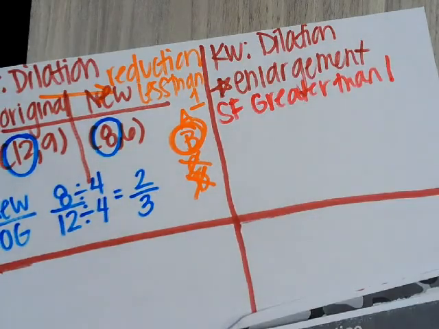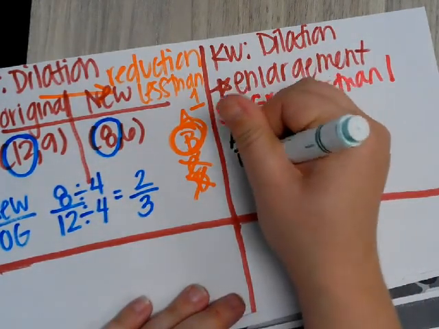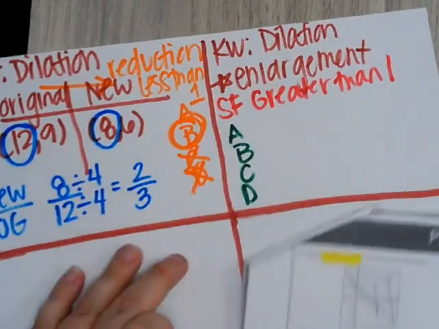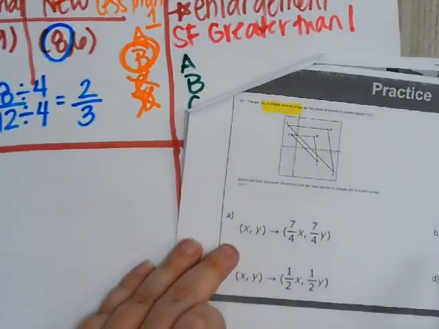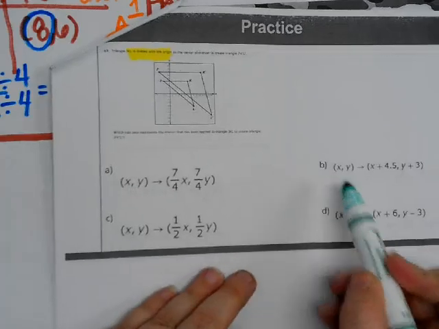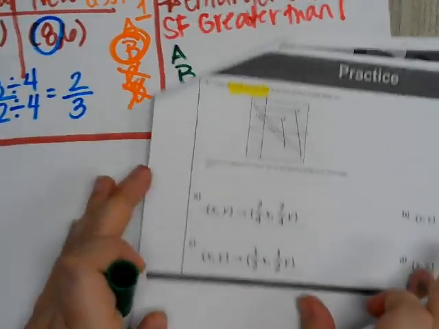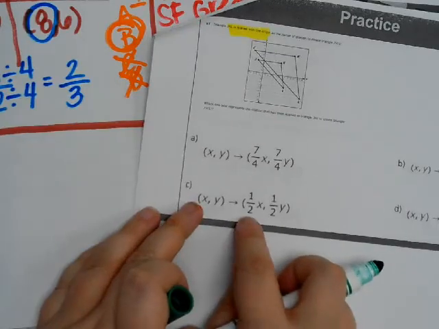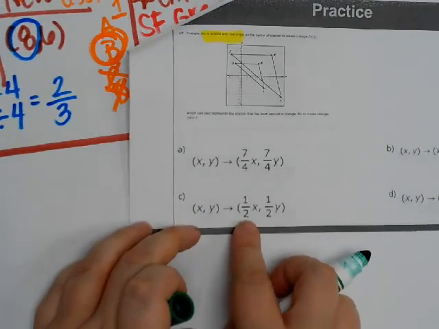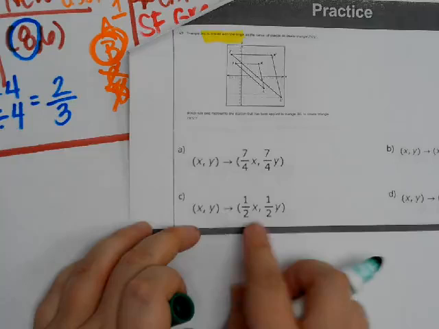So let's just go ahead and eliminate some of our answer choices. Well, we can eliminate B and D because they both have plus and minus. Look at your next one though. 1/2. Is that bigger than 1 or smaller than 1? It's smaller than 1.